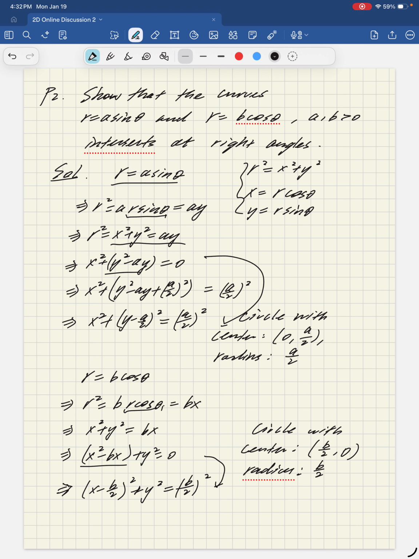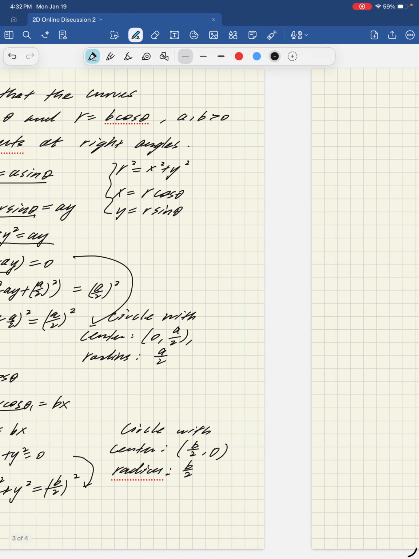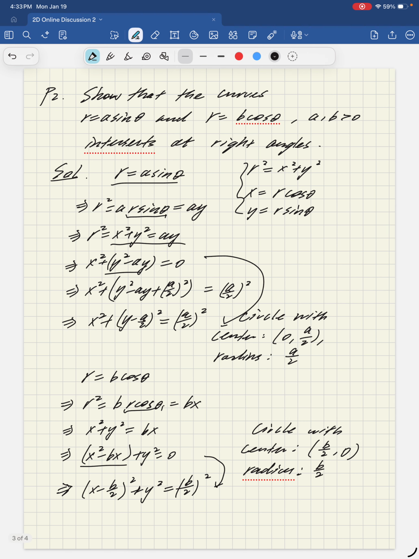So let's see what these look like on a graph. This is my x and y axis. The first circle has center (0, a over 2) with radius a over 2.